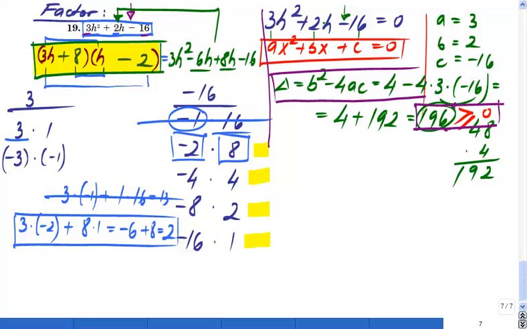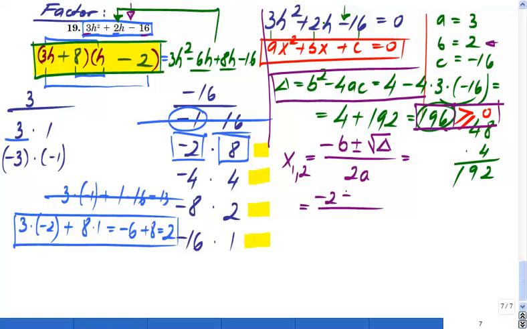And after we found delta and we said delta is 196, you can go ahead and find your two roots, right? What is the formula? Negative b plus minus square root of your delta, which is square root of b squared minus 4ac, over 2a. And I'll plug in everything that you know. And I know my b is 2, right?